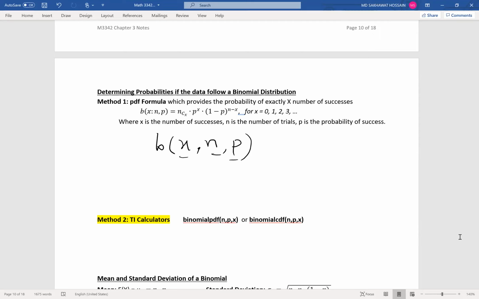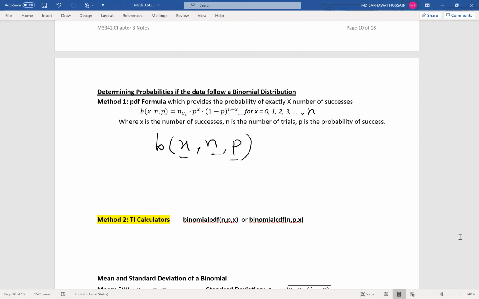Okay, so now the question is, what are the possible values for X? X is the number of successes. X should have a maximum value of N, because X cannot be more than N. For example, if you toss a coin 3 times, the maximum number of heads or tails you can get is 3.